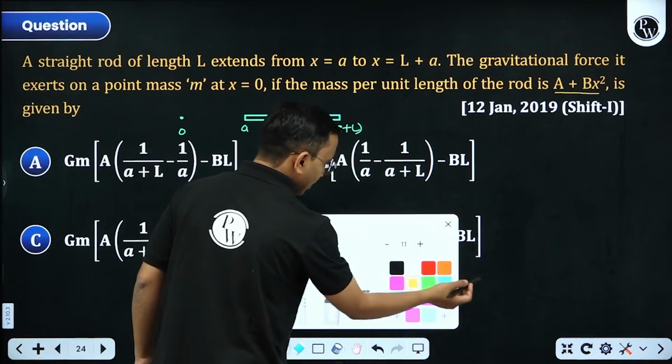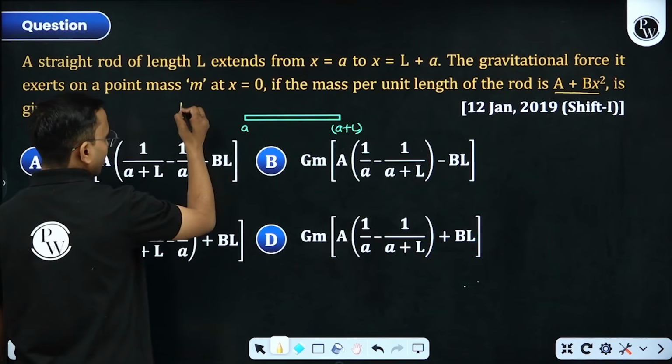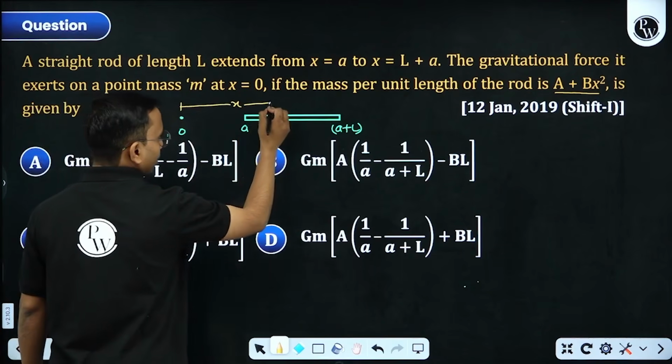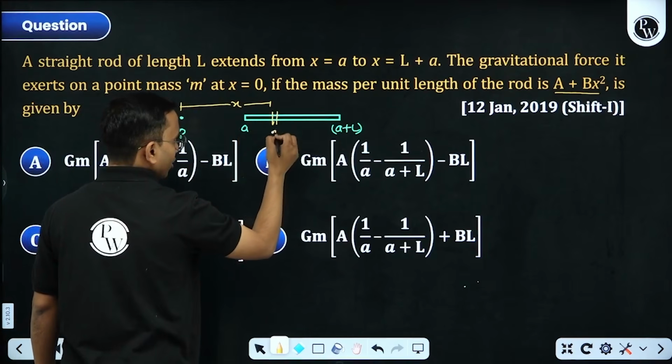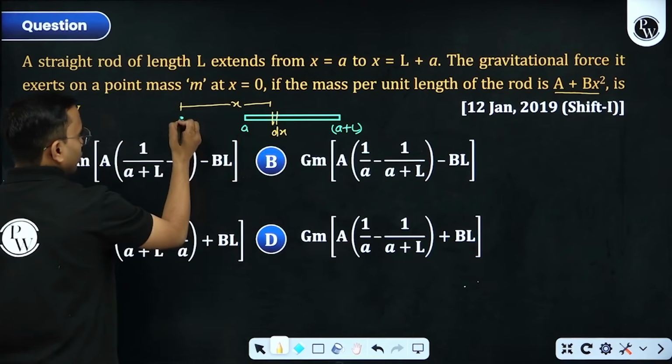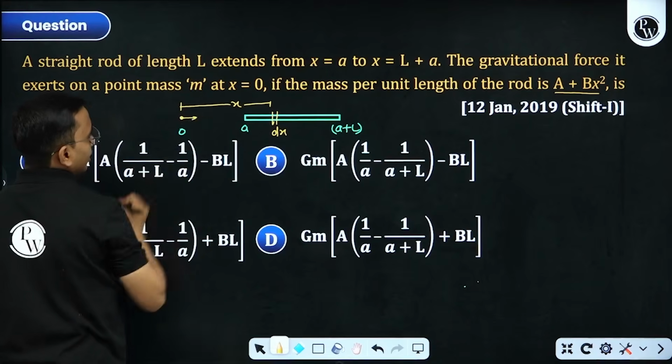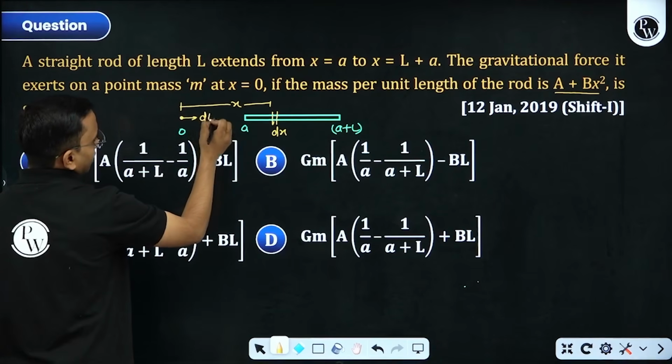So what I'll do, at a distance x from here, I'll take a small section of this rod of thickness dx. Due to that thickness, I'll write the field here. That is my dE.